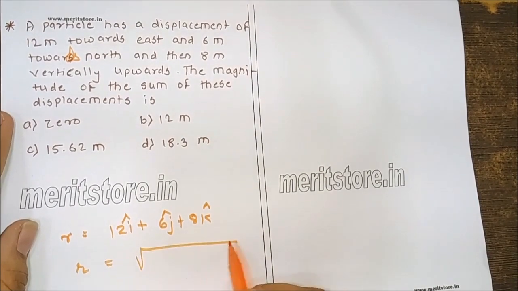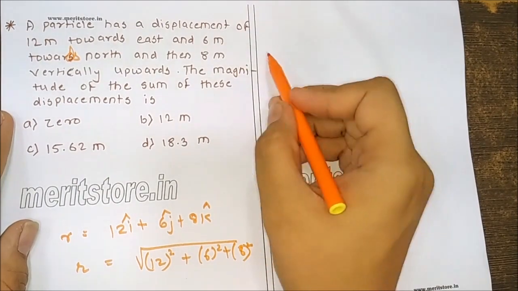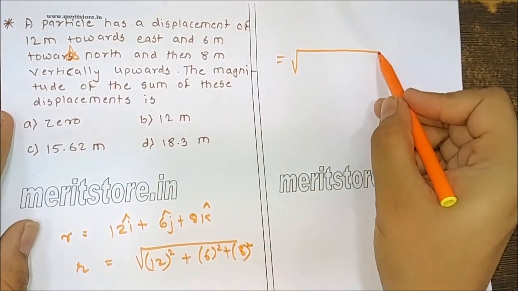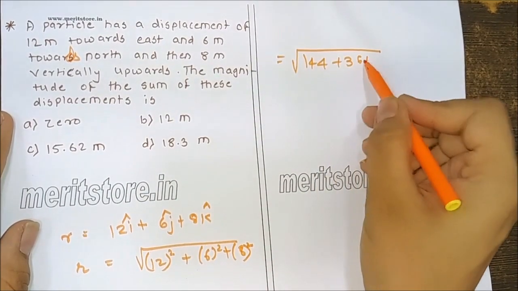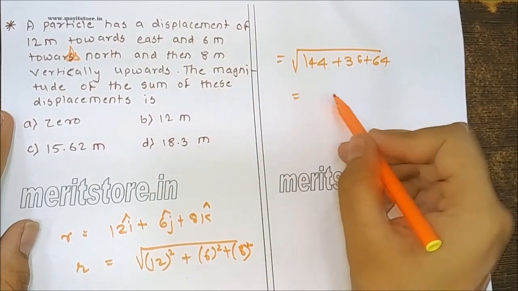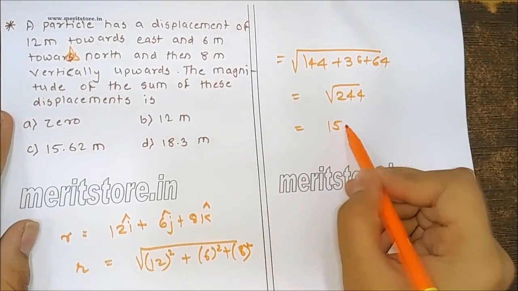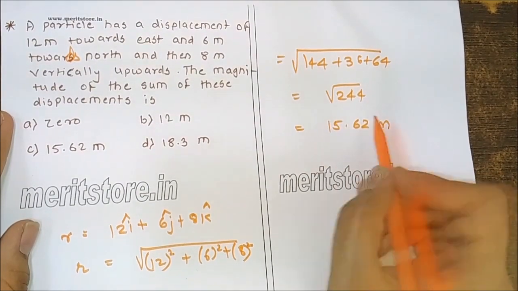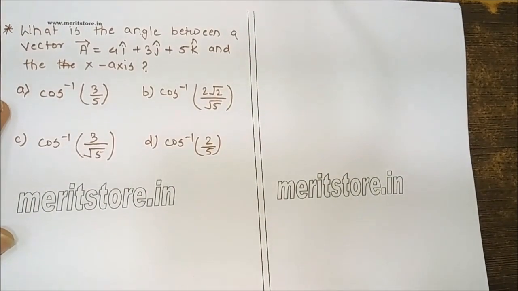R is equal to square root of 12 square plus 6 square plus 8 square, which is equal to square root of 144 plus 36 plus 64, which is equal to square root of 244, which on solving we get 15.62 meter. So option C, 15.62 meter, is the correct answer.